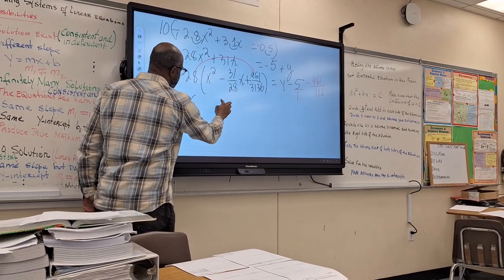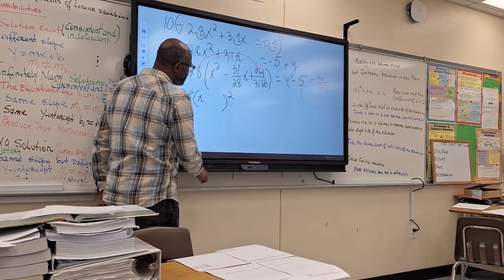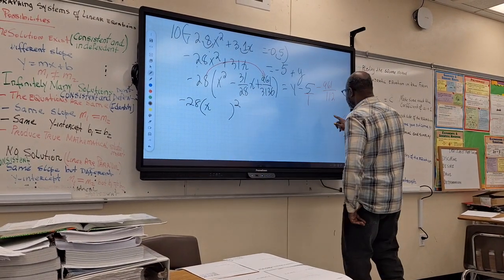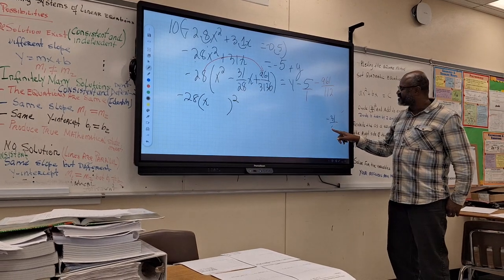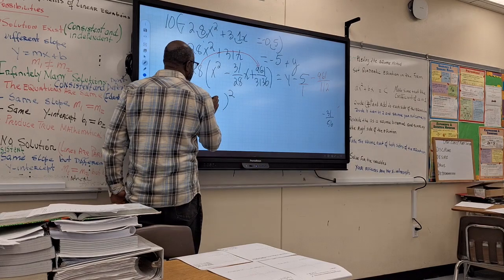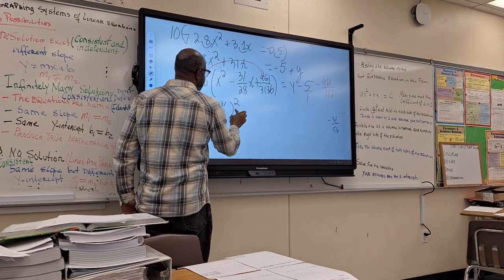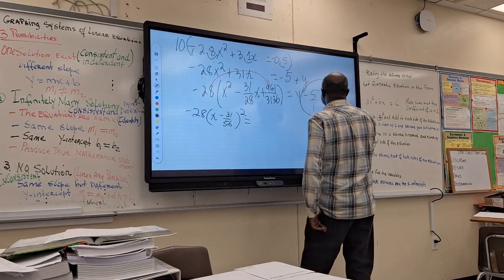And the magic is that what goes inside the parentheses was x. I already cleared that. That was minus 31 over 56. Good. So that's what goes here. Minus 31 over 56 is equal. Then we have to work this out.